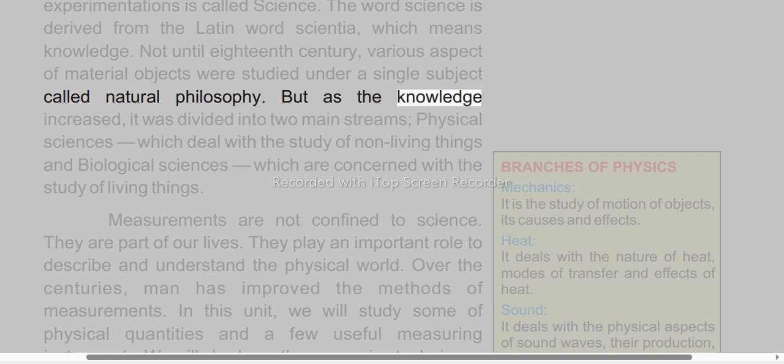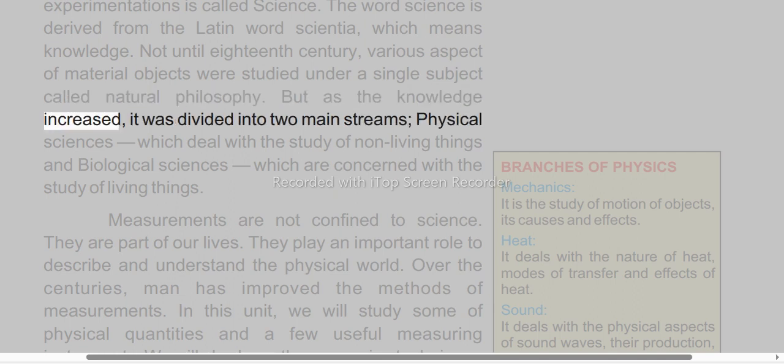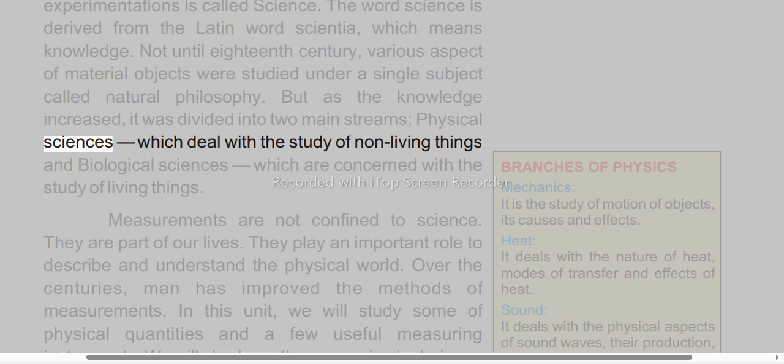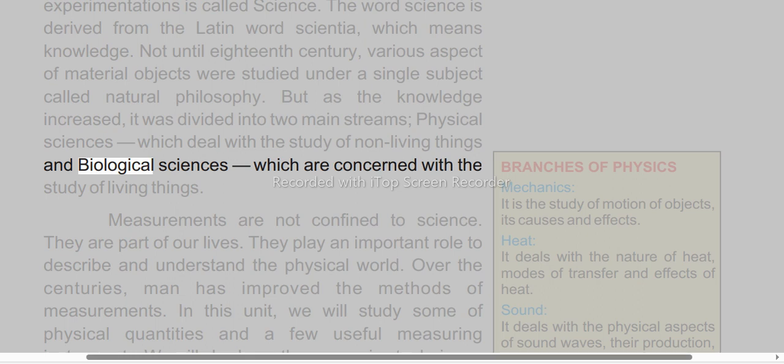But as the knowledge increased, it was divided into two main streams: physical sciences, which deal with the study of non-living things, and biological sciences, which are concerned with the study of living things.